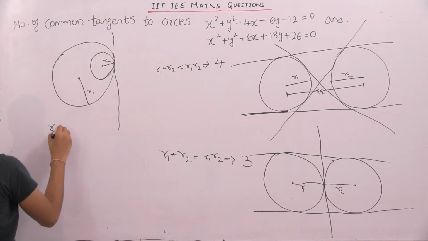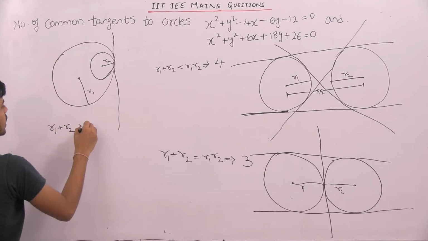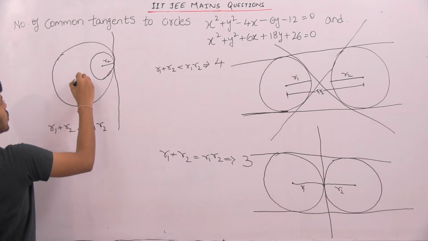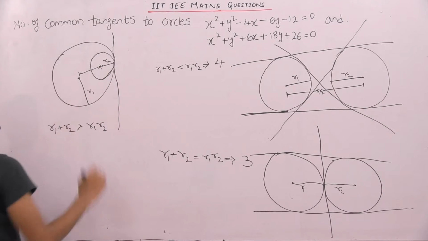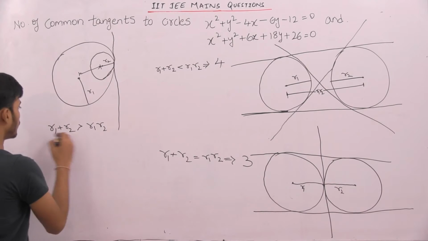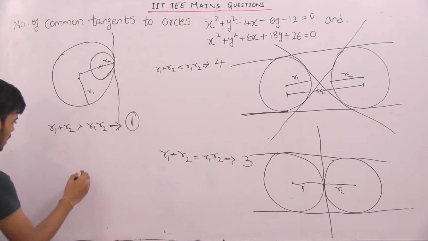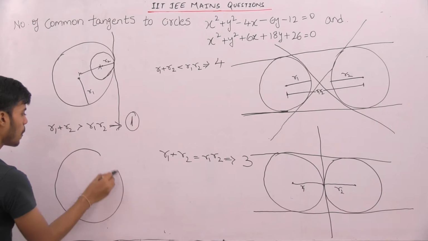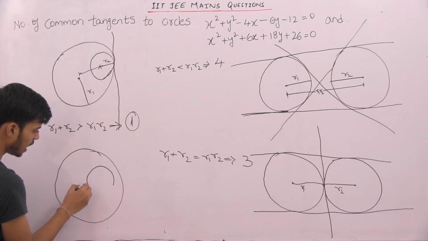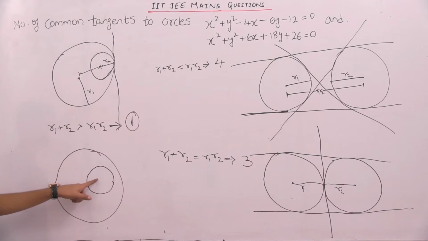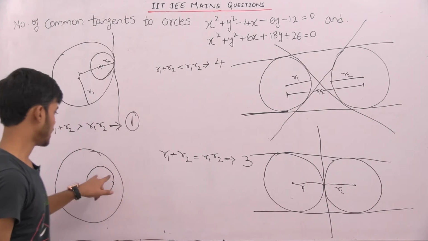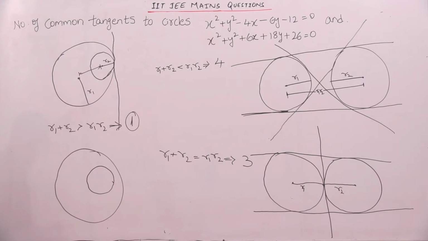So r1 plus r2 is greater than C1C2, because C1C2 is only this much. In this case we have only one common tangent, and in the other case, if one circle lies inside the other one, there can't be any common tangent for both the circles.